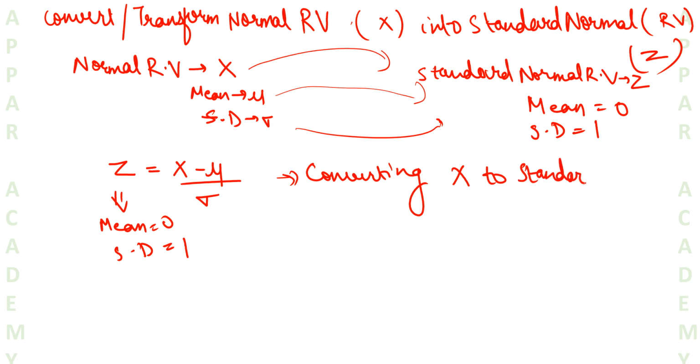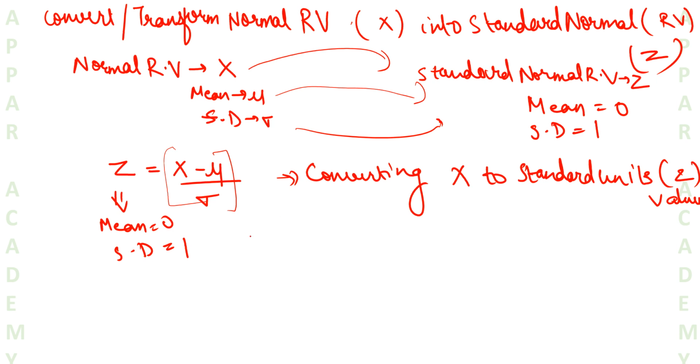Whenever we are talking about standard units, we are talking about z. These are also called z values. So we are transforming x to standard units, that is z values. Now, how does this particular formula make the mean 0 and standard deviation 1? About this we'll discuss later in this video itself. But let us discuss one important point.